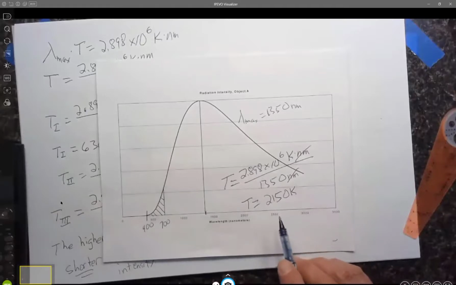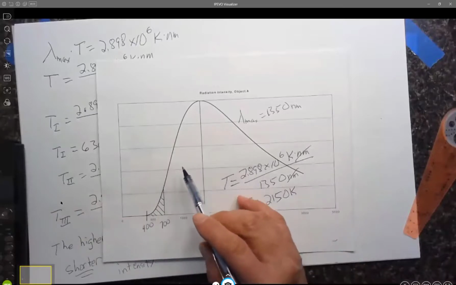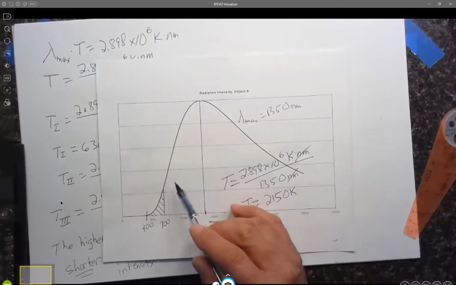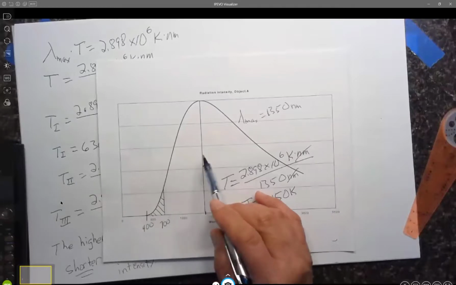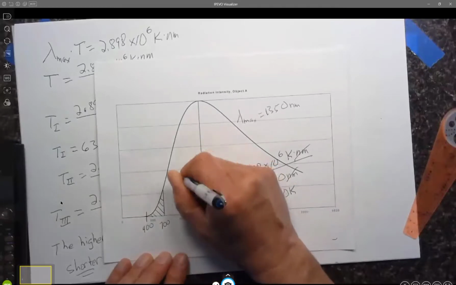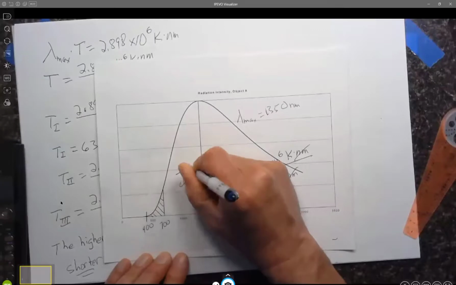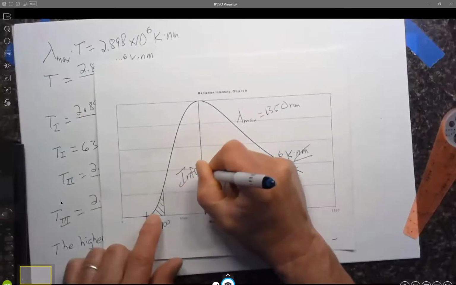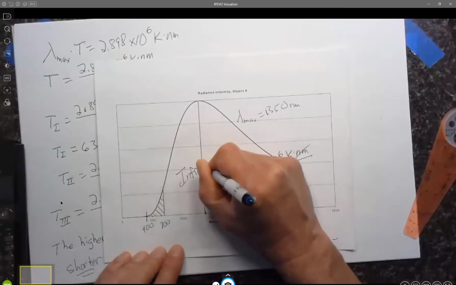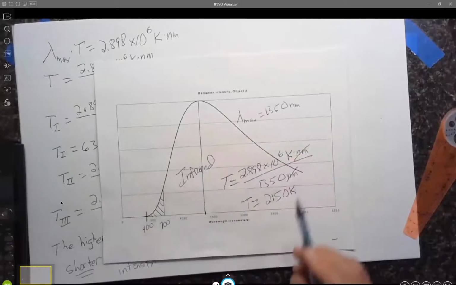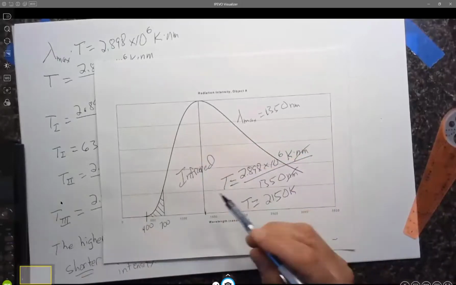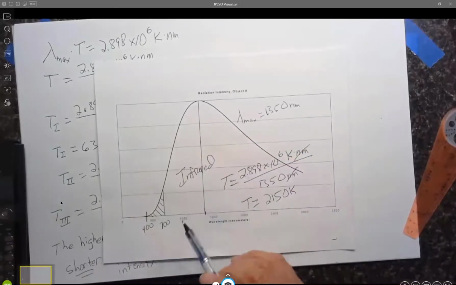Although, if our planet happened to be in the solar system of this star, we'd experience the part of the light that is not visible. By the way, this is all going to be infrared light out here once you get past the visible little window here. And so the vast majority of the light from this star is infrared.